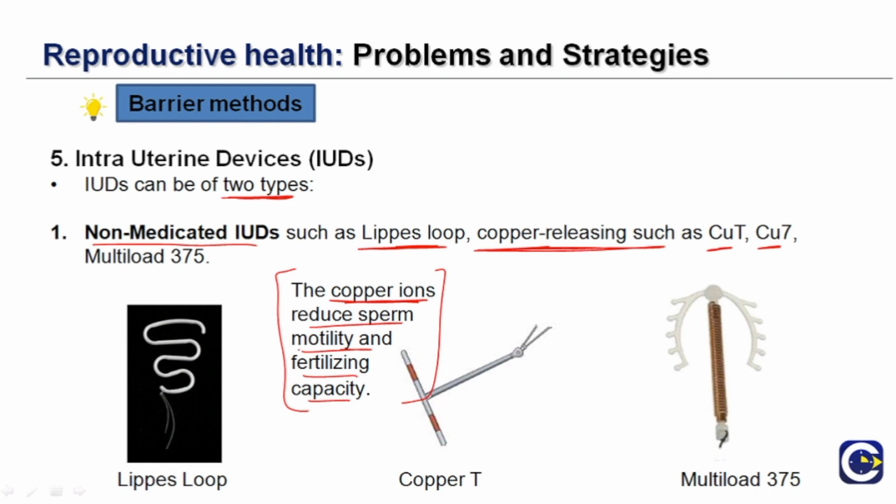If they reduce the sperm motility, the sperms cannot move. They won't be able to move and they will only stay in one place, and as a result no fertilization will take place. The other copper-releasing intrauterine device is Multiload 375, which looks like this.